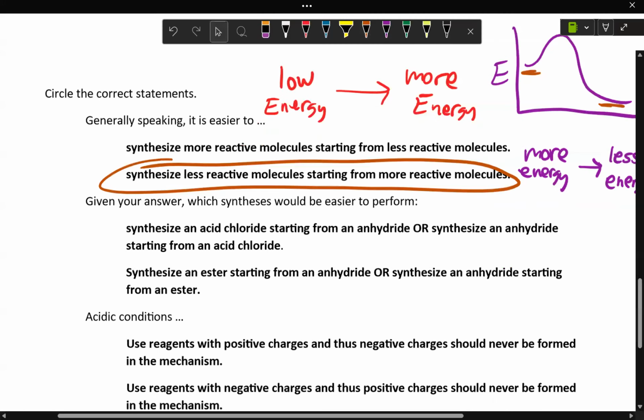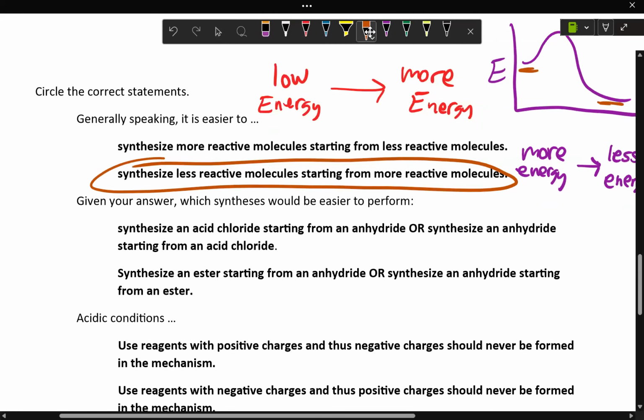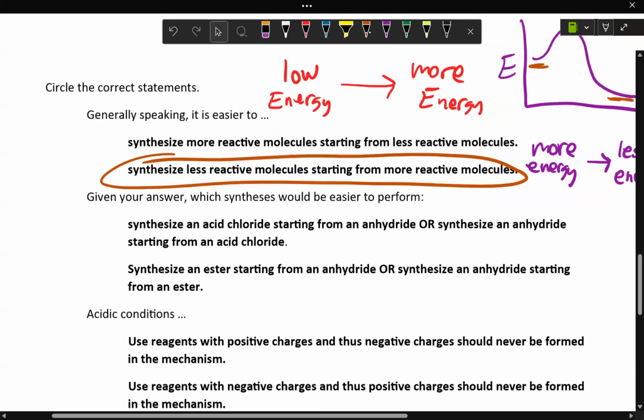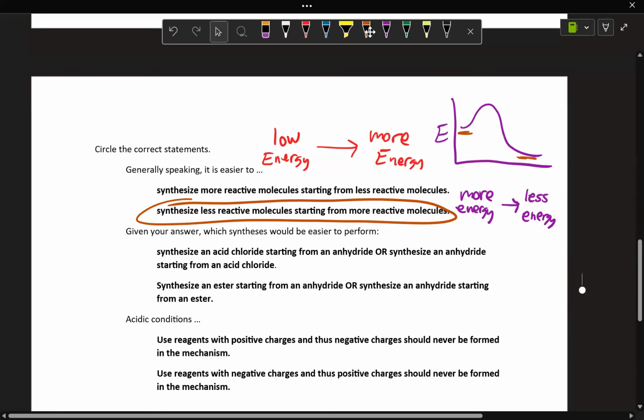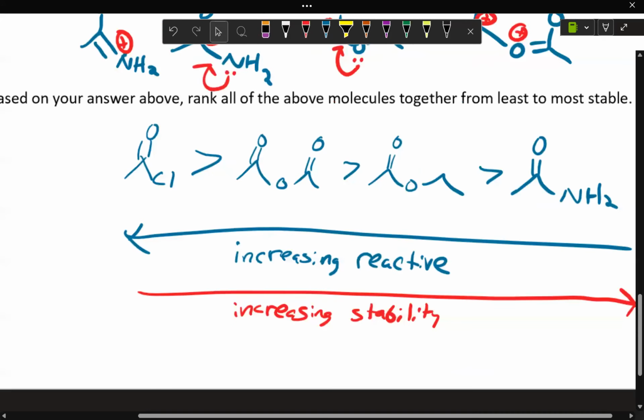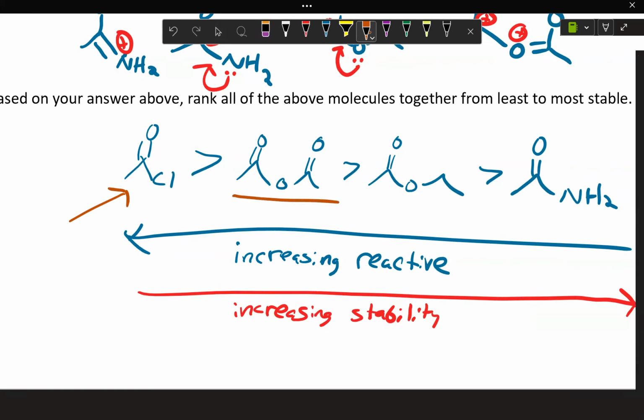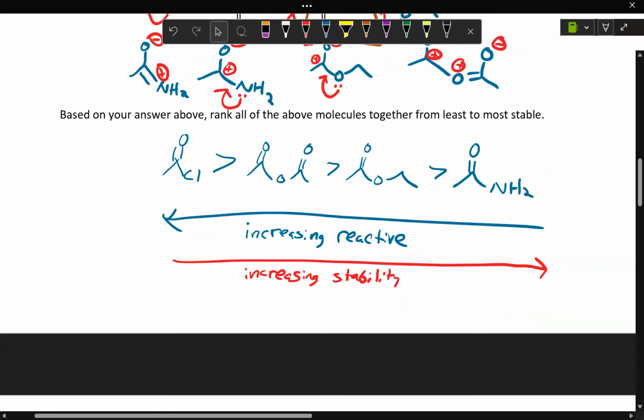So given that, what would be easier to perform? Synthesize an acid chloride from an anhydride, or the vice versa, synthesize an anhydride from an acid chloride. Remember, let's think about this from an energy perspective. We want to go from more energy to less energy. If we scroll up, the acid chloride has more energy than the anhydride because it's more reactive.